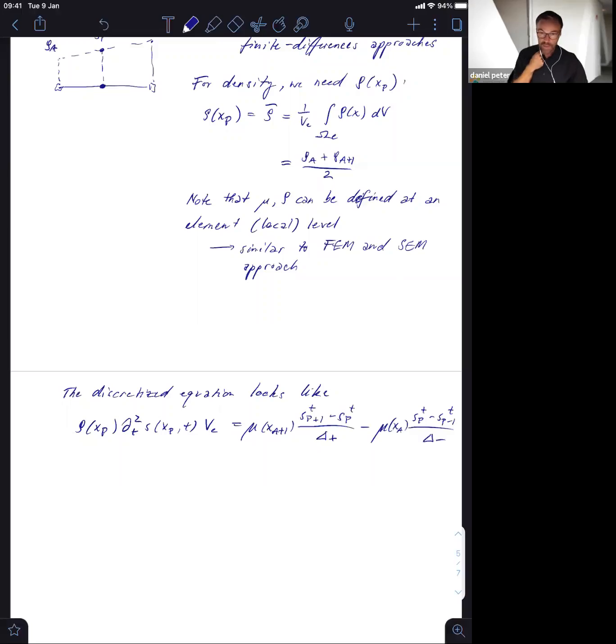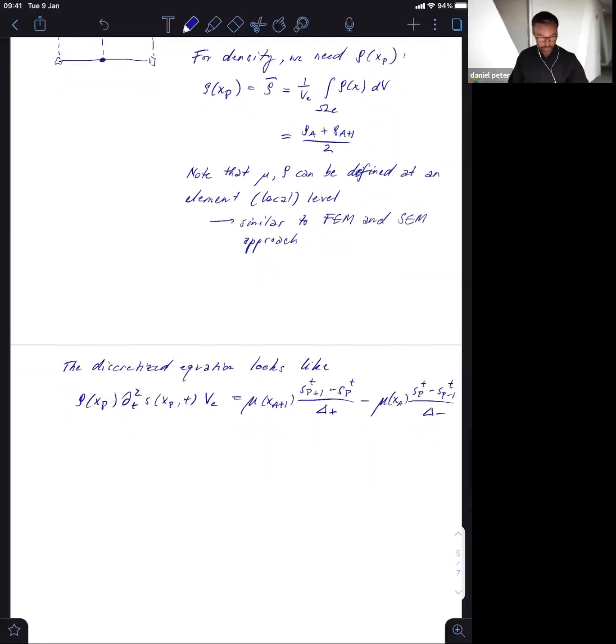So let's use the average here for the density on the left hand side. Put this together with the volume of the cell. So then we have rho_{A+1} divided by 2, that's the average value, times the acceleration at centroid position P for time t, equal to, now let's separate these terms for the displacements.